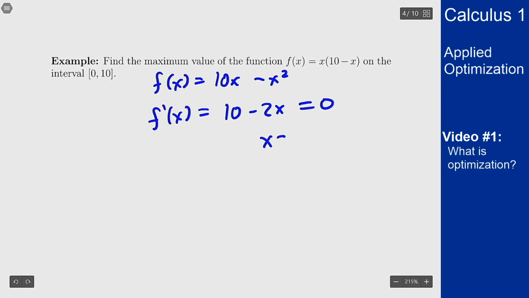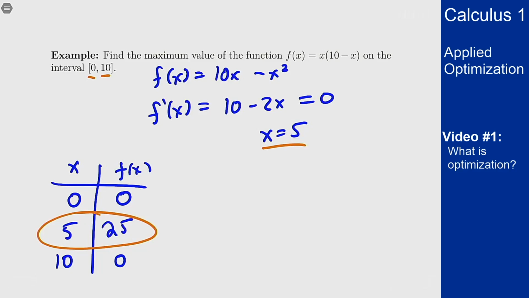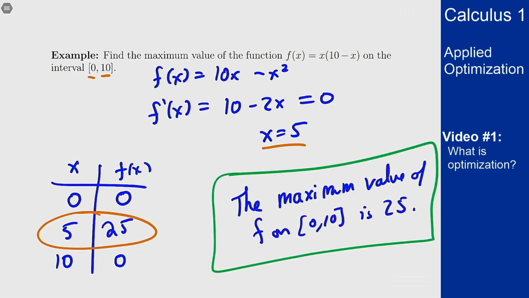This gives me x equals 5 as a critical point, and then I have my two endpoints at 0 and 10. So I can now build my table of values, 0, 5, and 10. If I plug in 0 to my function f of x, I just get 0 because that's 0 out front. If I plug in 10, I also get 0 because of the 10 minus x. And if I plug in 5, I get 5 times 5, or 25. This is clearly the maximum. So to answer the problem, the maximum value of this function is 25. And that would be how you answer this problem.